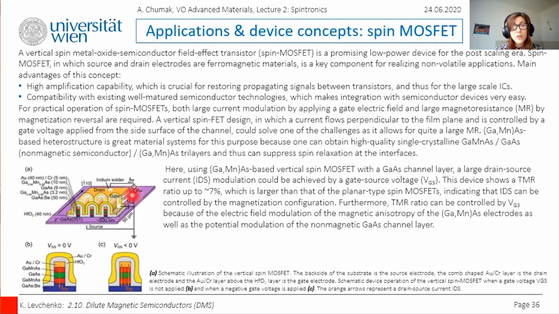So it could solve one of the challenges, as it allows for quite a large magnetic resistance. Also, interesting results were observed: this device shows a TMR ratio up to 7%, which is way better than that of any planar type spin MOSFETs, indicating that the drain source current can be controlled by the magnetization configuration.